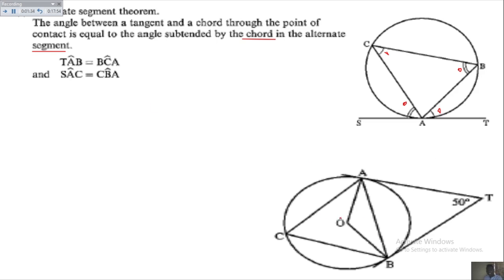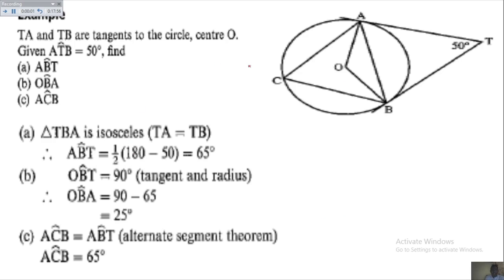And likewise, when you see this, look at the way they've drawn it now. Automatically, the way they've drawn it shows that TA and TB are tangents to the circle. It means they are drawn from the circle to meet at a point T. Automatically, this and this are going to be equal.